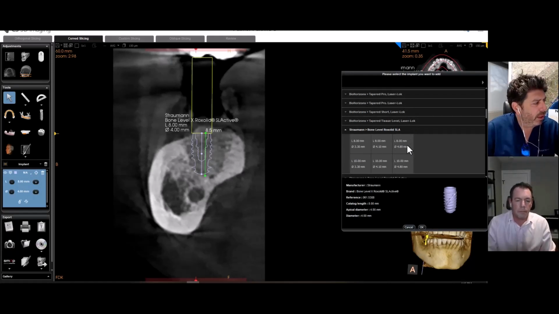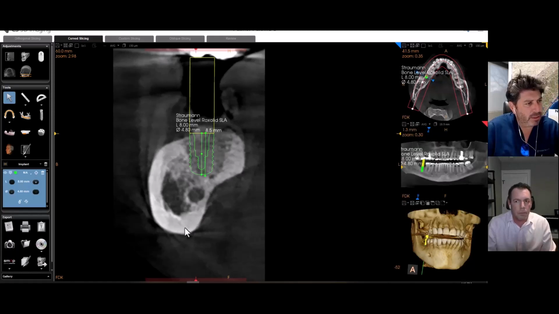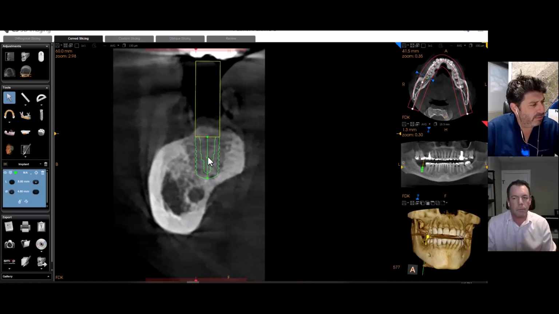So let's go 4.8 by 8. Let's remove the measurement. Let's move the implant to where it's fully immersed in bone.